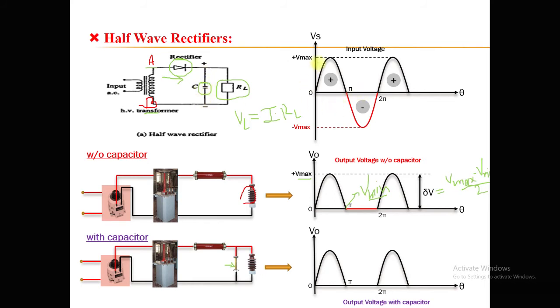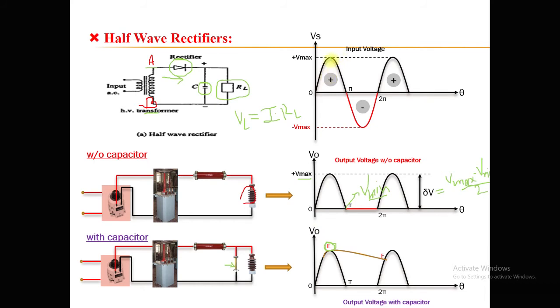So during the positive half cycle, the capacitor will charge to the maximum value. Point E represents that the voltage across the capacitor now becomes equal to Vmax. So when your input voltage achieves the Vmax value, the capacitor voltage also achieves the Vmax value.